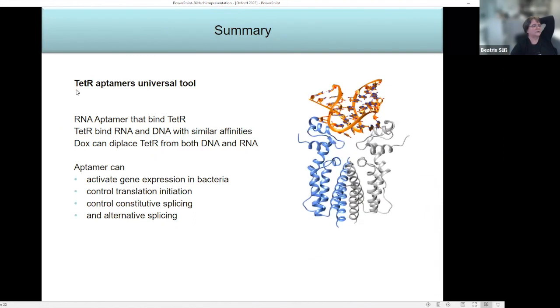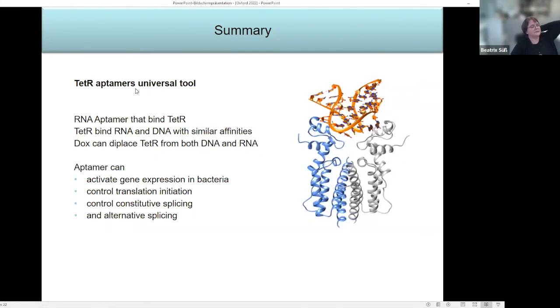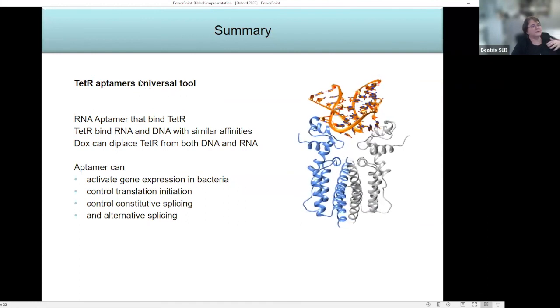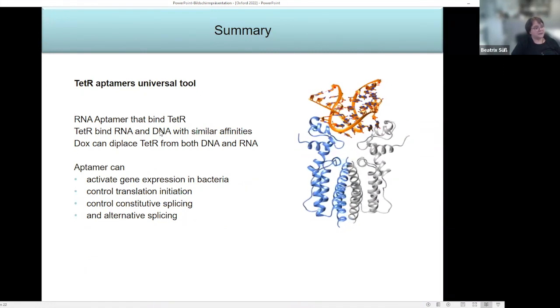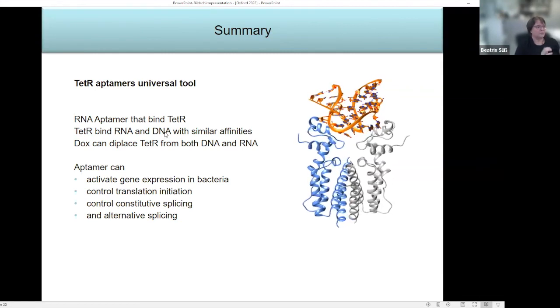I talked today about a TET-R aptamer, and we think it's a nice tool. It's a nice protein-based RNA switch. We have this RNA aptamer that binds to TET-R. The TET-R binds the RNA aptamer with the same or a similar affinity as the DNA, and they both compete.